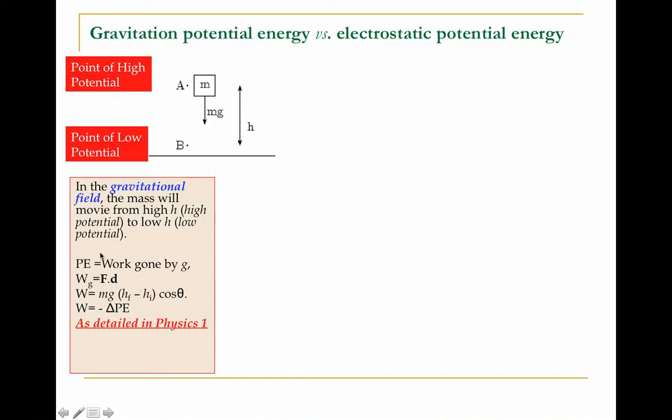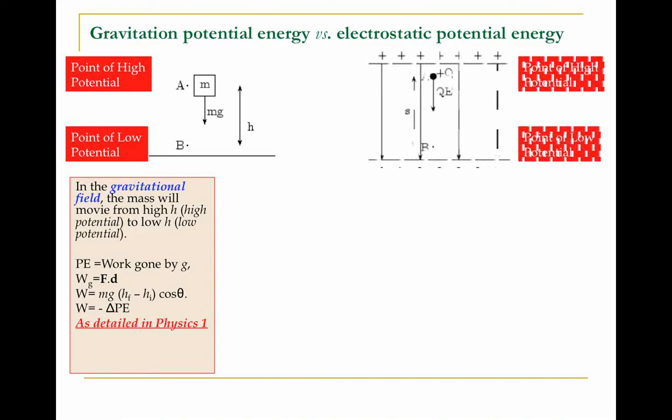Because H final is smaller than H initial, this will be negative, and as detailed in physics 1, the work done is equal to the change in potential energy. Let's move to electrostatics.